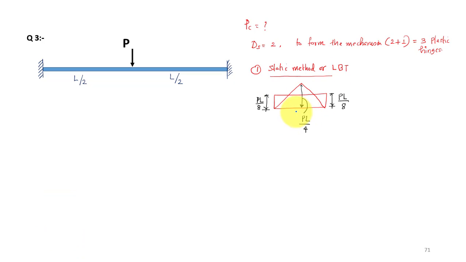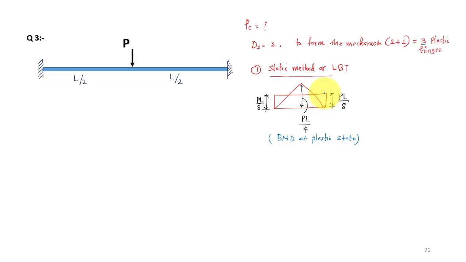We are drawing the bending moment diagram at the plastic state. So we have to see the 3 locations. At the 3 locations, there will be a moment equal to the plastic moment.